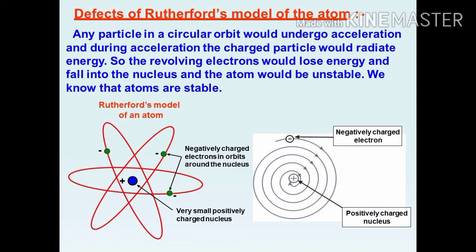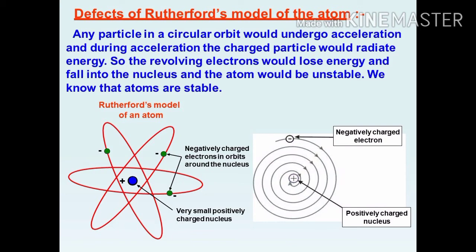But the electrons, during revolution, increase the acceleration. What does acceleration mean? The speed. When the speed of revolution increases, the electron loses energy. That energy goes to the positively charged particles, the protons.